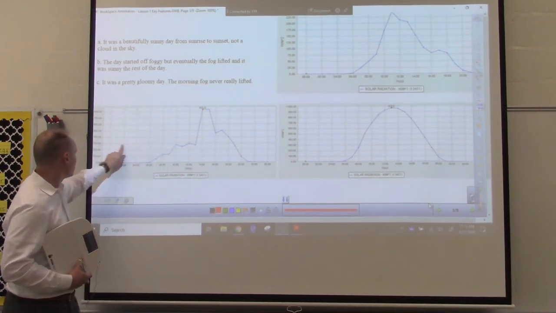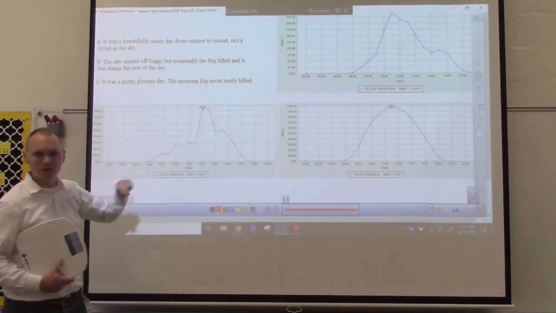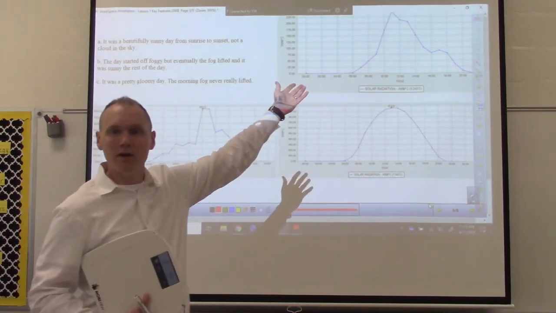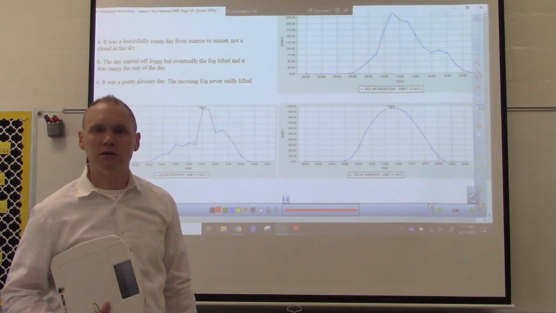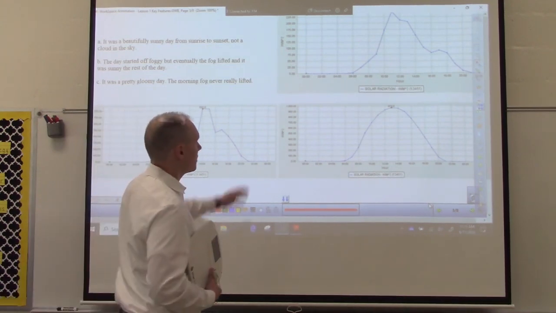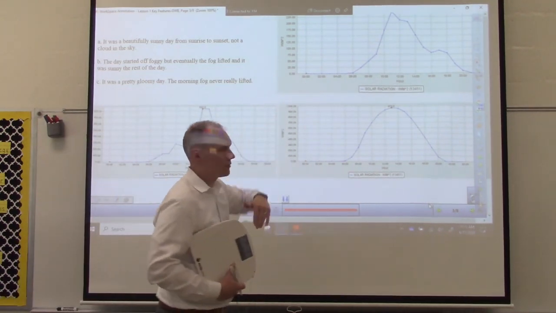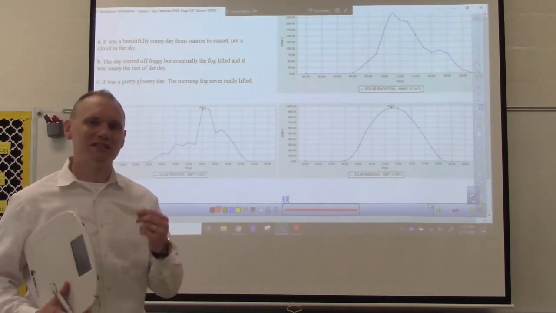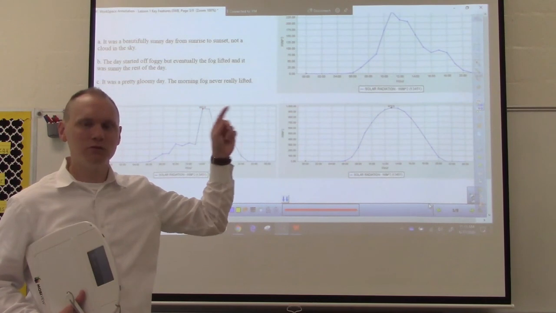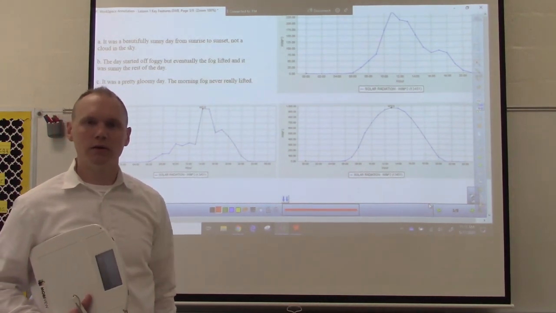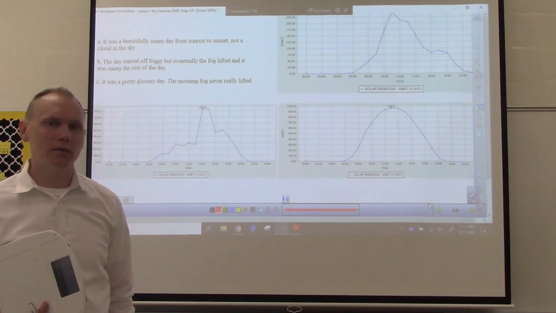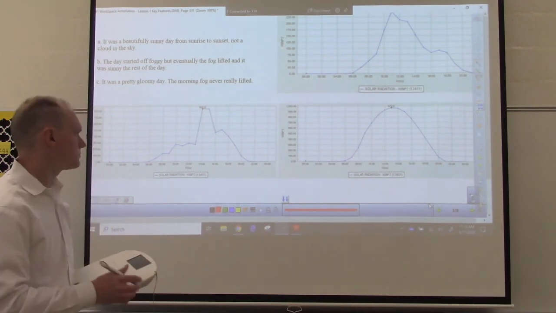Which was kind of when it was foggy on this one, and so it makes sense that this one never went beyond 225, 250, somewhere in there, and then of course it went down from there and hit nighttime. So it's the scale on that one that really speaks to why that one is the one that was kind of gloomy all day. So be really careful with the scale when you see certain graphs.